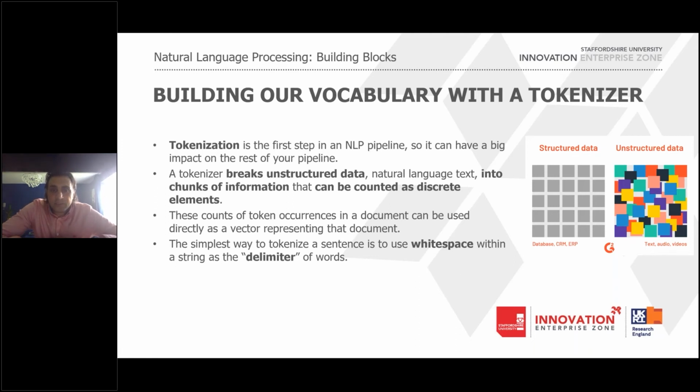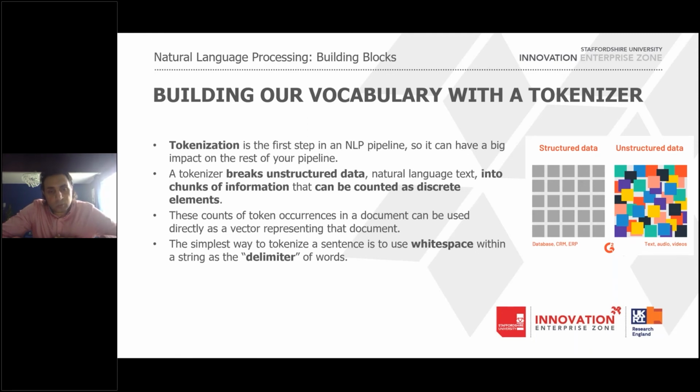The simplest way to tokenize a sentence is to use white spaces. Of course, if you want to segment a sentence, you can just search for a white space, and you can assume that anything before this white space is a token, and anything after this white space until the next white space is another token, and so on.